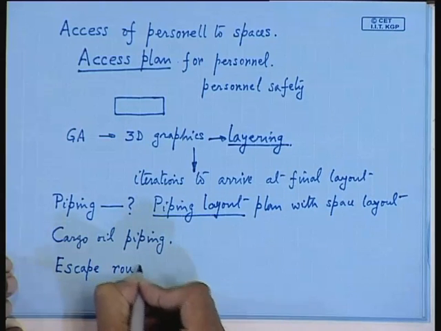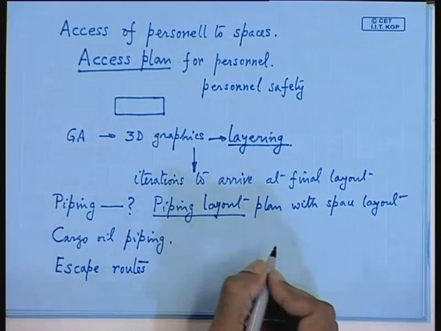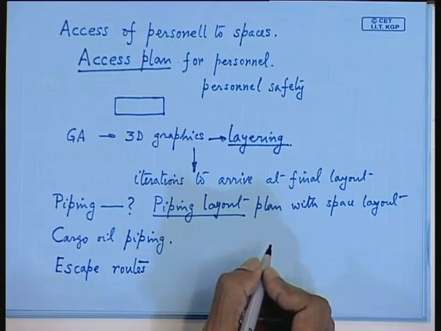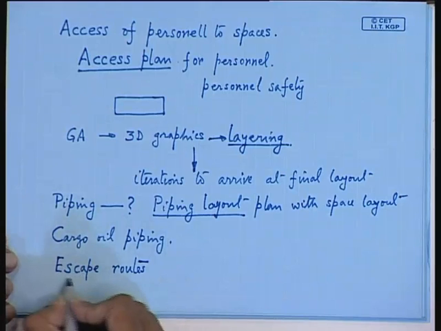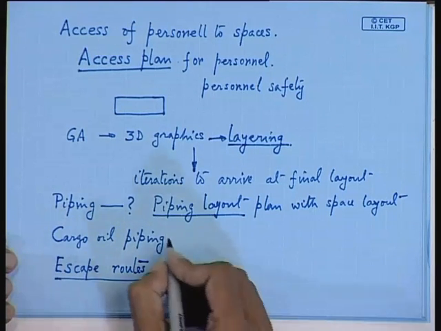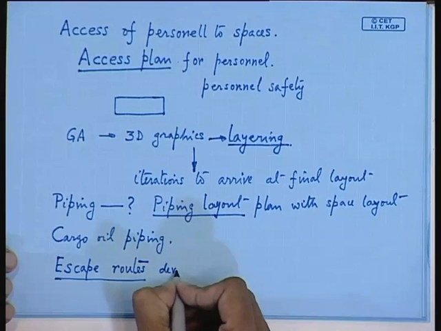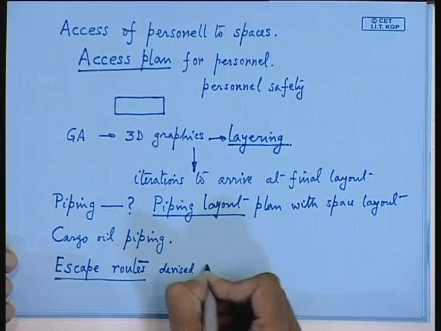Remember, your personnel are working on a platform which can either explode or catch fire easily, due to negligence or due to, say, a blowout, etc. So you have to have escape routes devised from all these spaces.